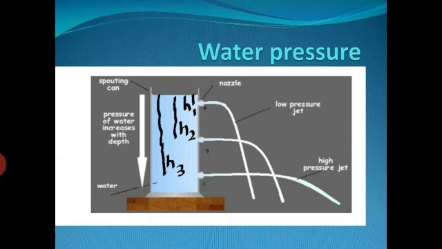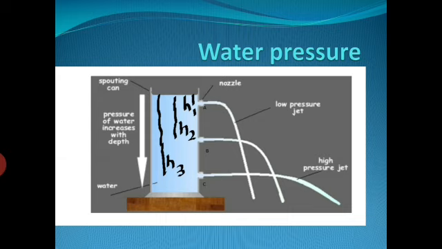Whatever I'm saying now, that the water pressure increases with height, you can see in this diagram, in this activity which you can perform at your homes, that in this container we have three openings, A, B and C, and the container is filled with water, right?